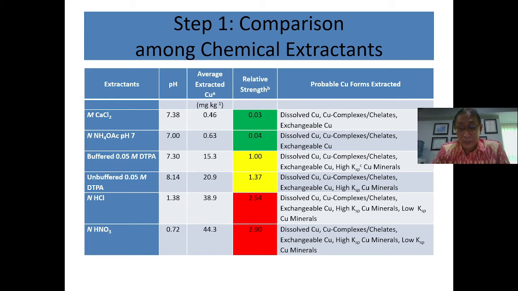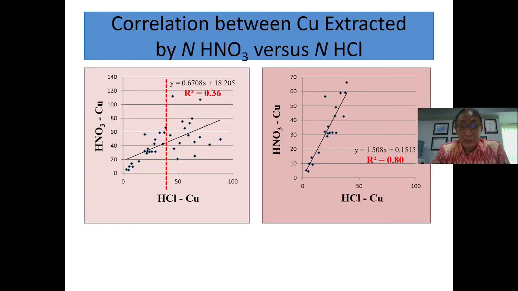It is logical because ammonium acetate and calcium chloride extract only the exchangeable cation, not like hydrochloric acid and nitric acid. But between these extractants, there are close relationships.